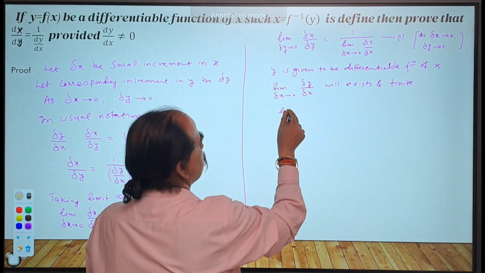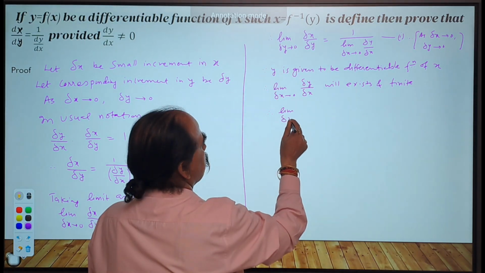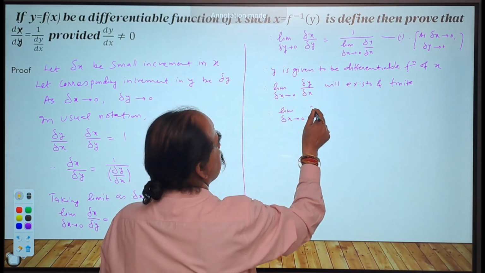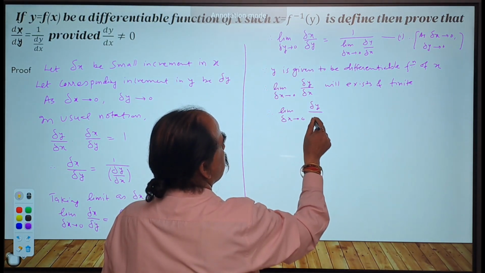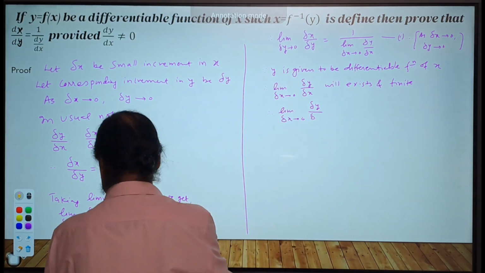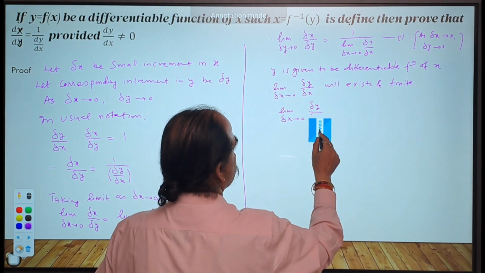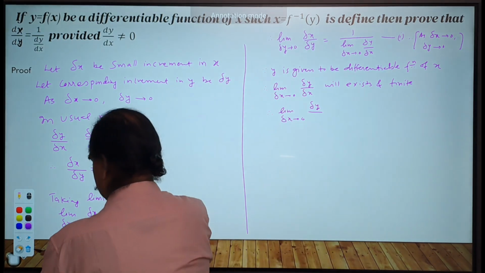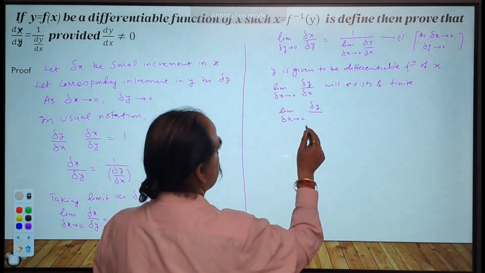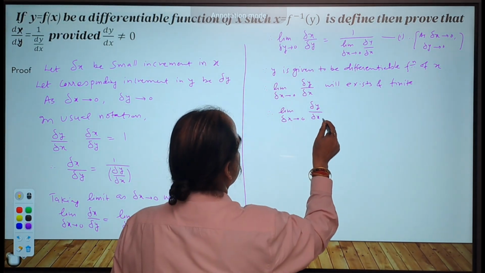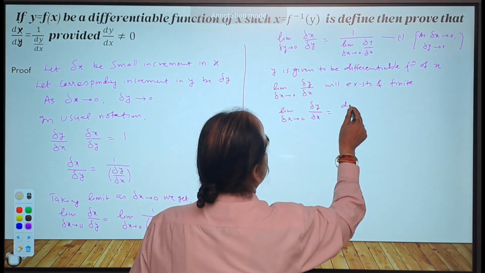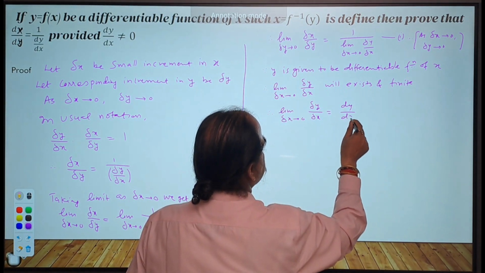Therefore limit delta x tends to 0, delta y by delta x is equal to dy by dx.